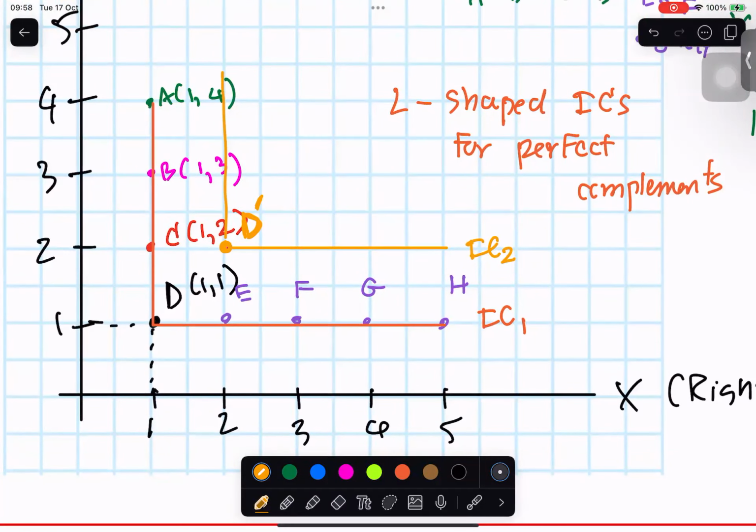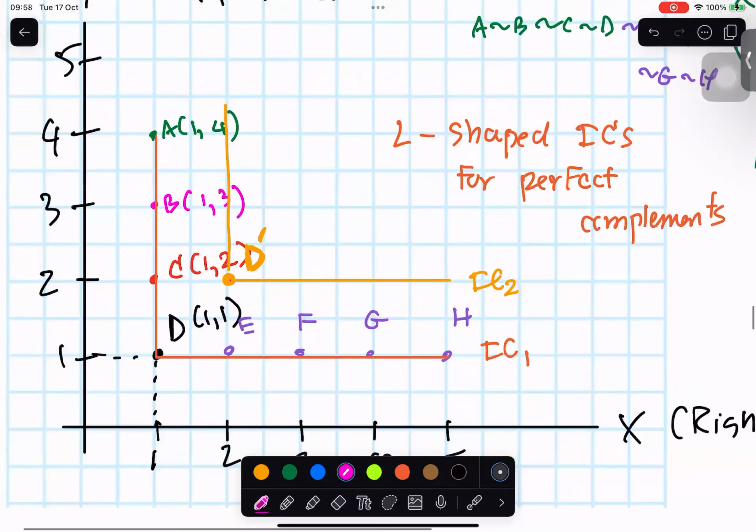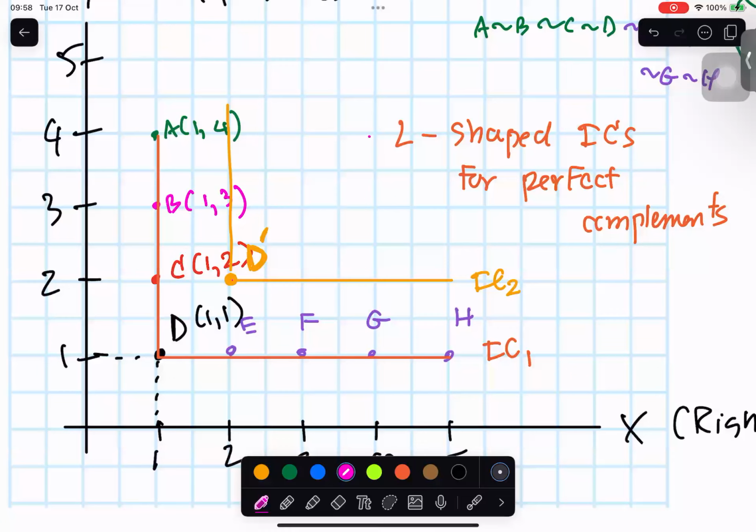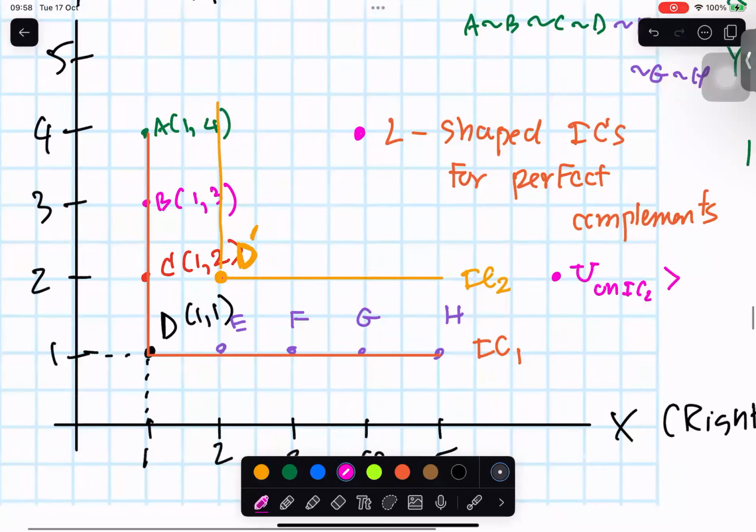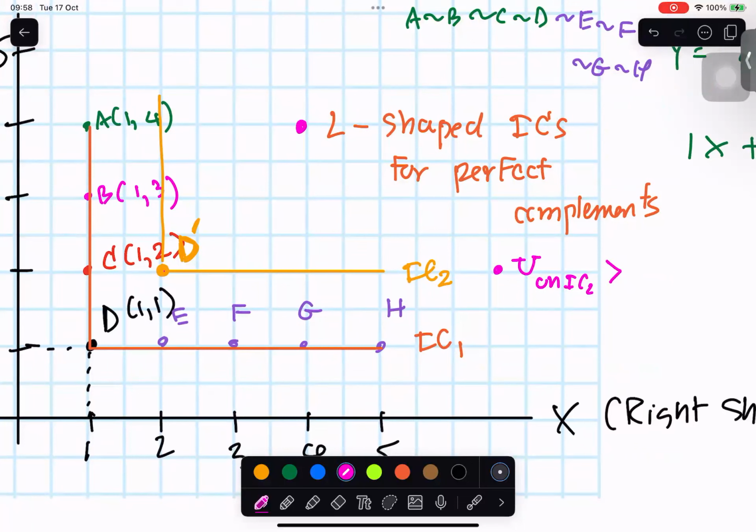Happiness on IC2 is higher than happiness on the lower IC, like IC1, as usual.